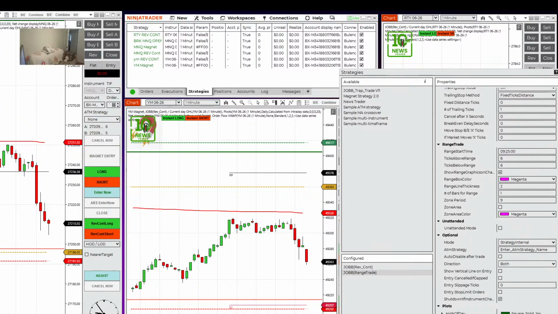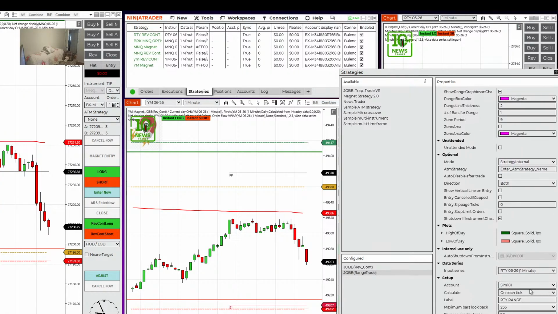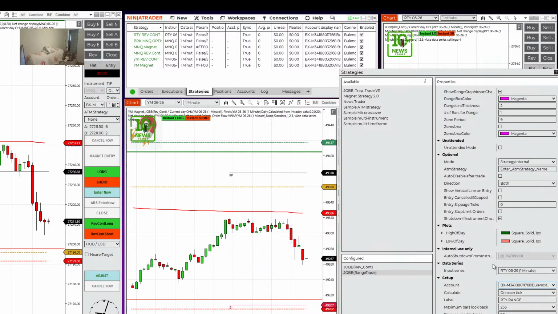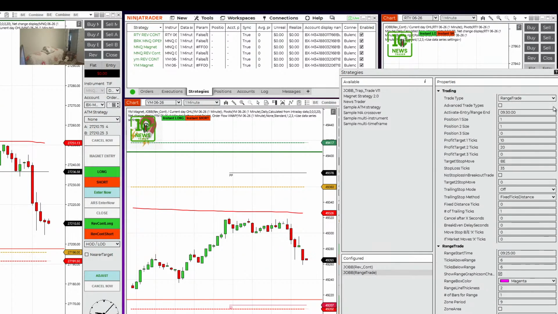Definitely the tweet makes everything more risky at the open. There's no question. Things become more risky when there are comments made. There's more volatility. All right, so one more time the range trade. We put the range on at 9:25:00. 6 ticks above the range, 6 ticks below the range.